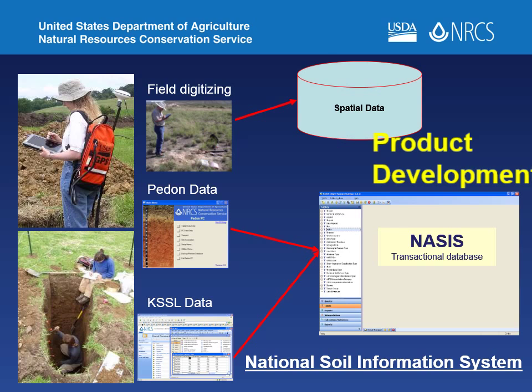But between those two, you then analyze that information, and from there you populate your NASIS database. And NASIS is a transactional database. It allows you to analyze that data, collect data, analyze it, and then make decisions on it, and change those decisions if necessary before publication.